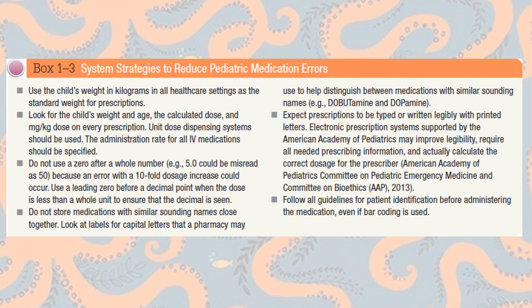Medication errors are a big deal with pediatrics, and mostly that is because, with adults, if you have 5 adults and they're all different ages and weights, let's say they're on a medication. Most of them are going to be on the same dose because it's an average dose for people.